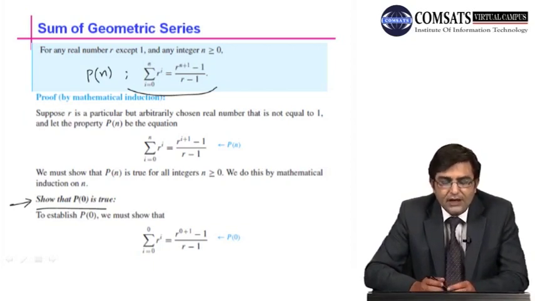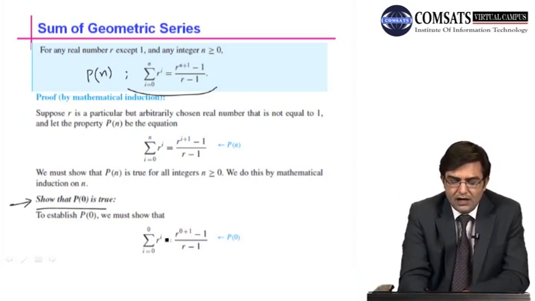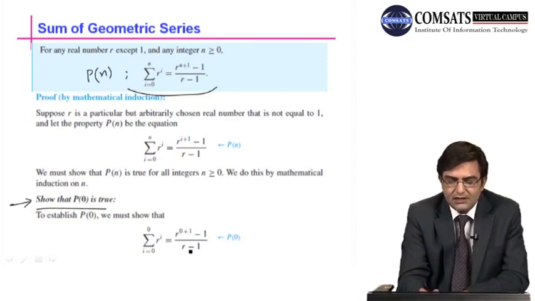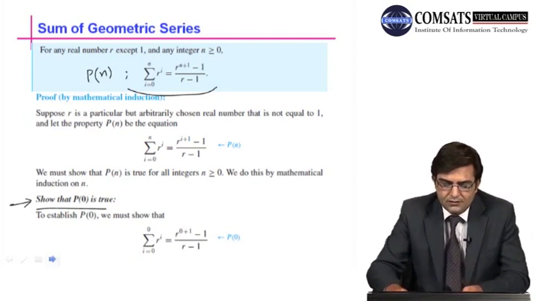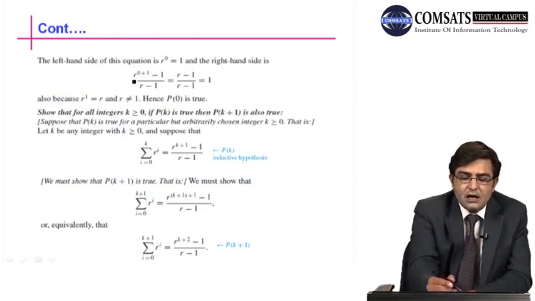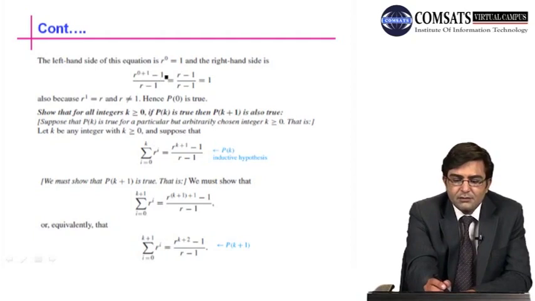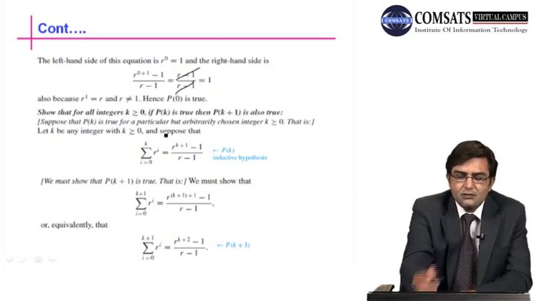To establish P of 0, we must show that the summation i from 0 to 0 of r to the power i is equal to r to the power 0 plus 1 minus 1, divided by r minus 1. So we have to show this. This is obvious, I think you can easily see that r to the power 0 plus 1 minus 1 over r minus 1 is r minus 1 over r minus 1, which cancels out and is equal to 1.